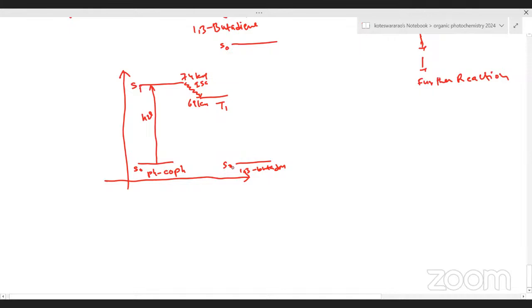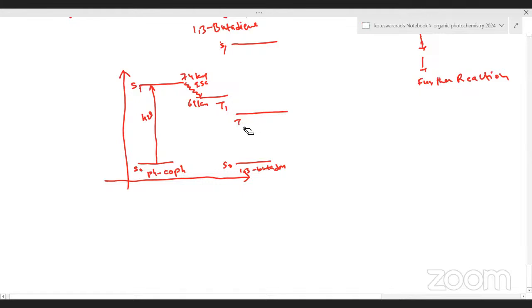The excitation from S naught to S1 is practically impossible because the energy gap is large. Due to that reason, it will not undergo a photochemical reaction directly. It requires photosensitization. Now its corresponding triplet state, that is the T2 state, is like this.